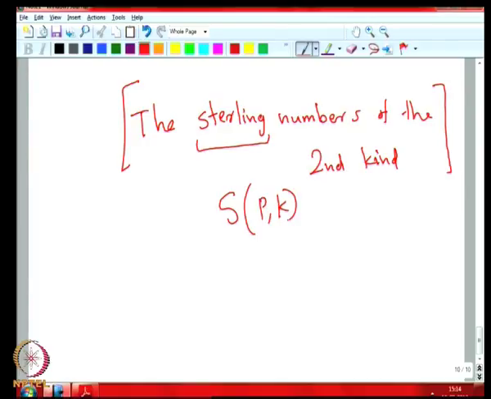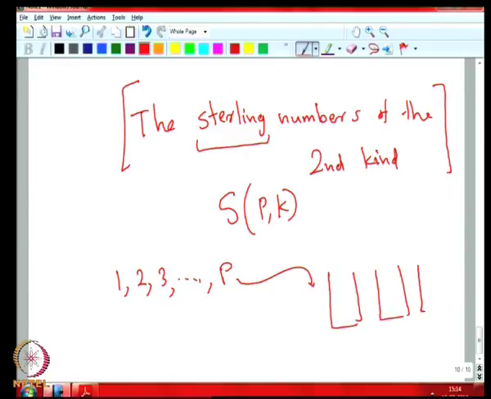So, we will have P numbers, say 1, 2, 3. So, P different objects. We want to put them into K indistinguishable boxes. The boxes cannot be distinguished from each other by looking from outside, K of them, 1, 2, 3.